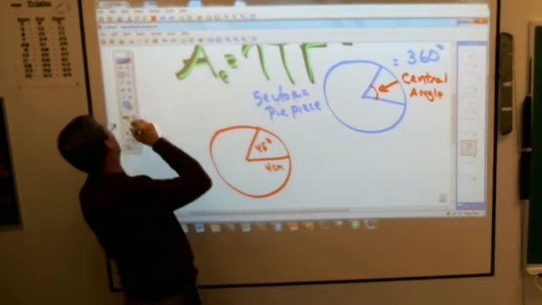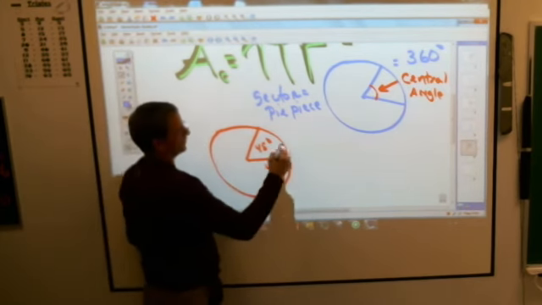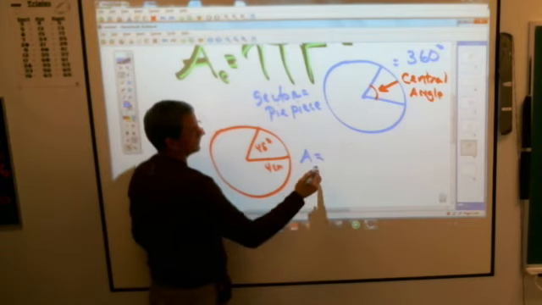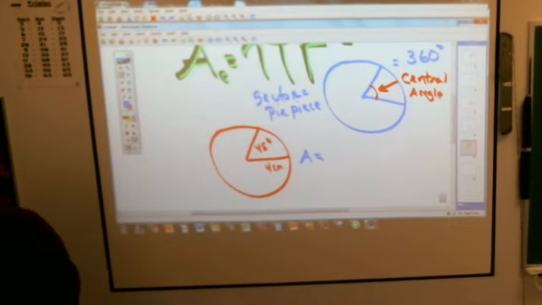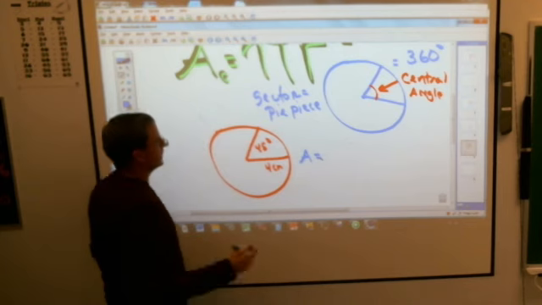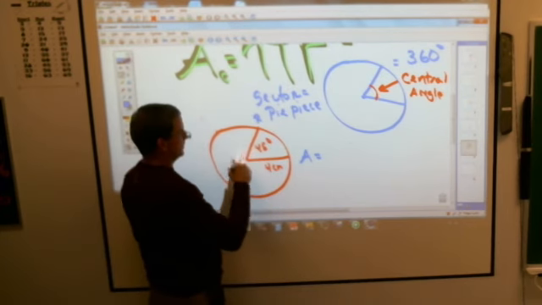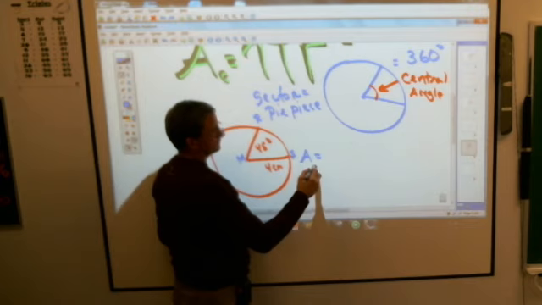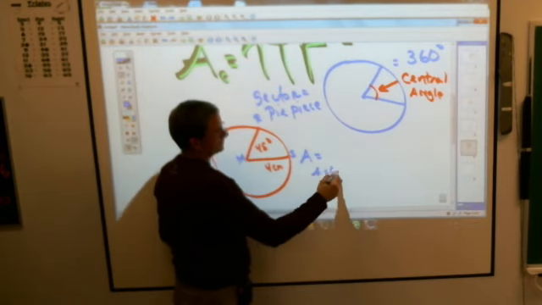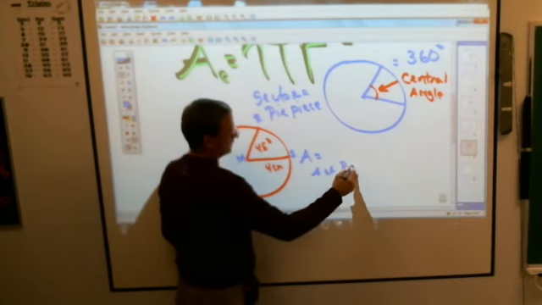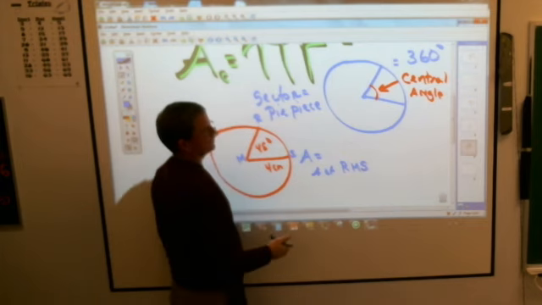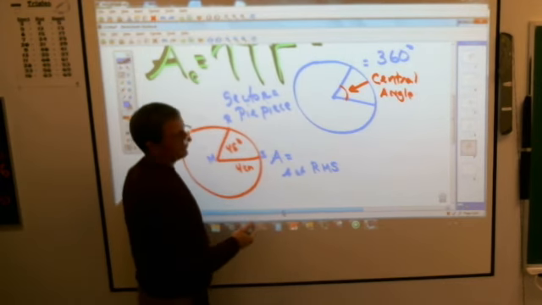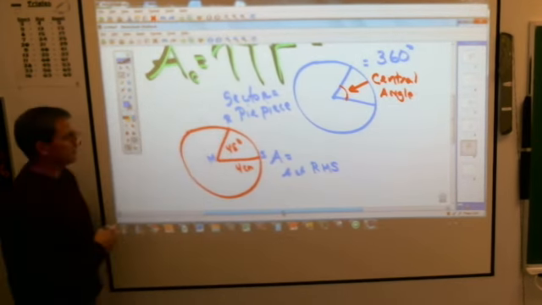And I then am asked to say, what is the area? Do they actually label this? Yeah. R, M, and S. What is the area of sector R, M, S?